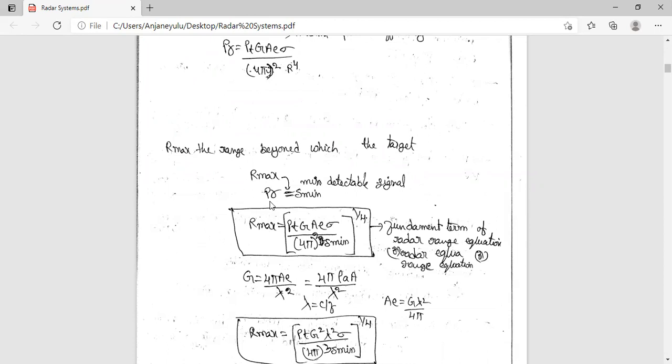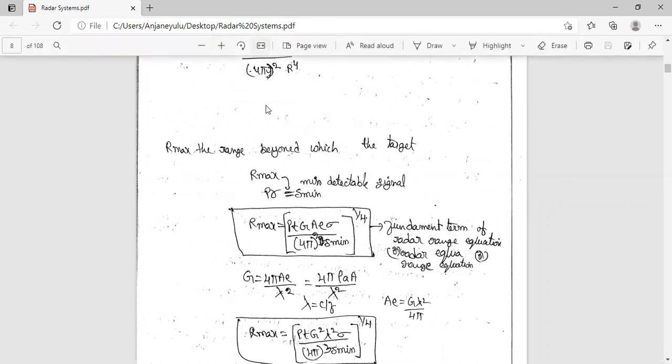So here the received power P_R equals S minimum, the minimum detectable signal. At what distance is the minimum signal received by the receiver? So R maximum equals P_T into G into A into sigma by 4 pi R squared.